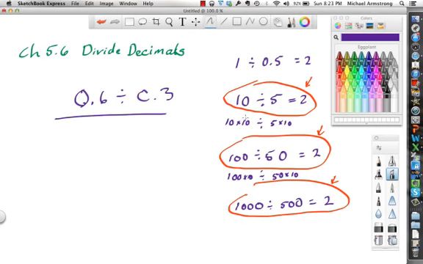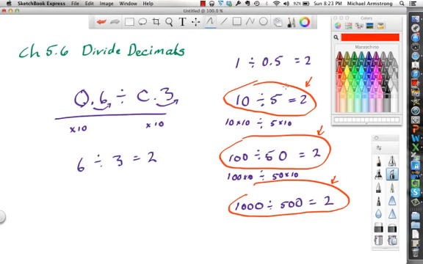So what you're supposed to get out of this is that when you get a decimal that's divided by a decimal, you can multiply by powers of 10 to move that decimal over one place, and move this decimal over one place too, so that it becomes 6 divided by 3 equals 2.